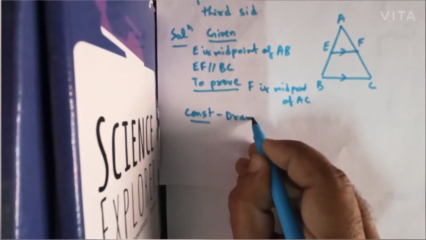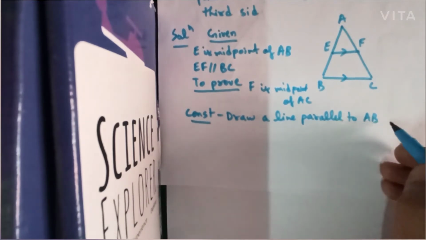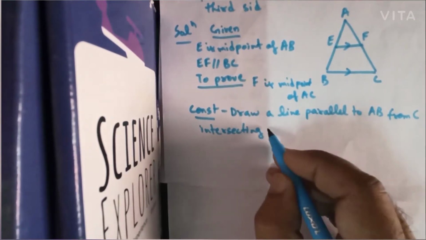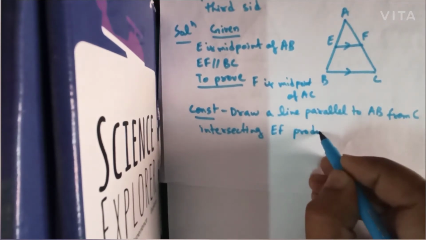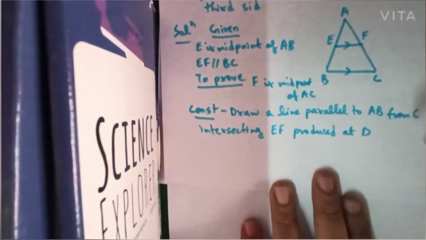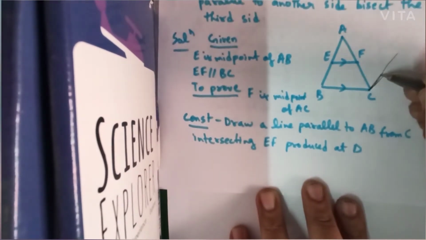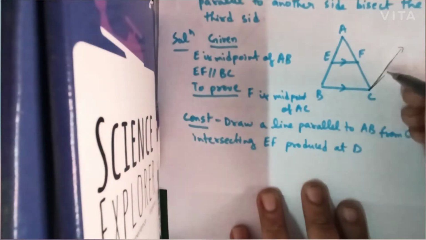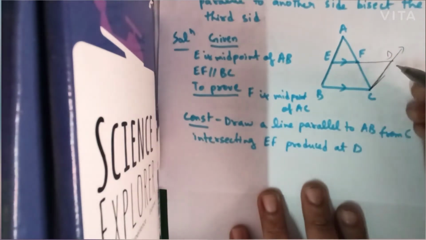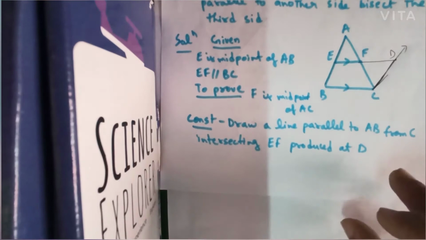Similarly, draw a line parallel to AB from C, intersecting EF produced at D. In a similar way as in the last question, we draw a line which is parallel to AB and which will intersect EF produced at D.